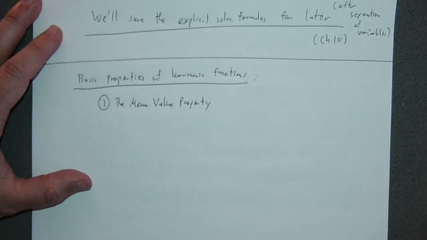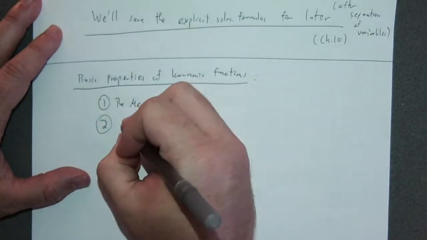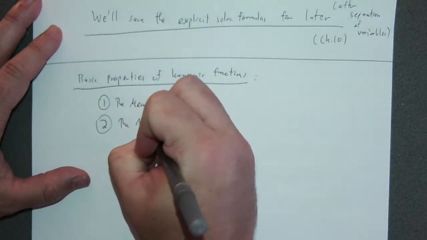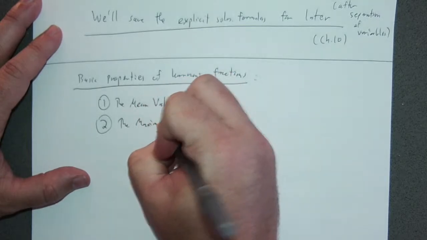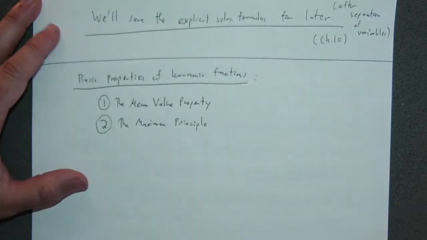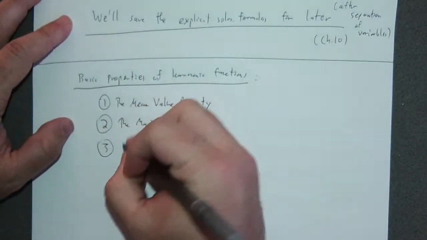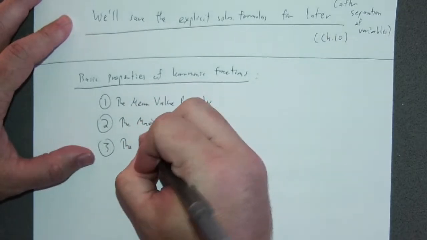We'll see exactly what that means. Second, we have the maximum principle. Just like we have the maximum principle for the heat equation, we have a sort of maximum principle for Laplace's equation. We have the Dirichlet principle.